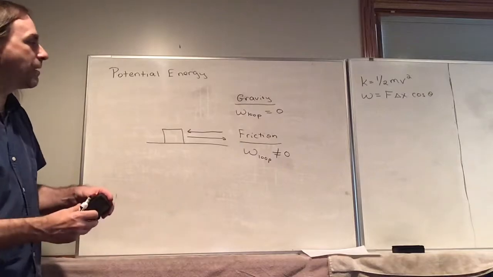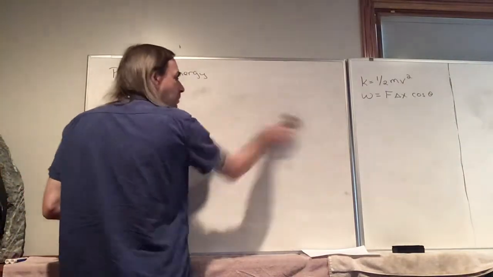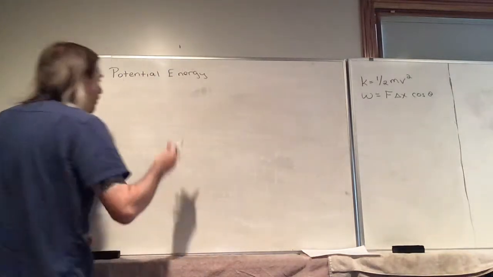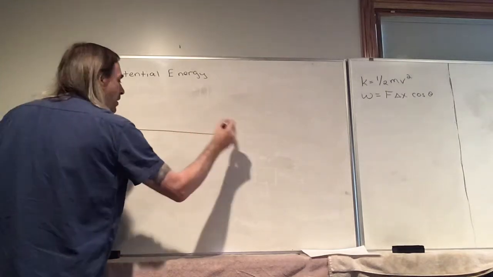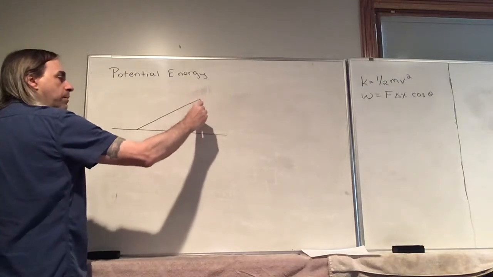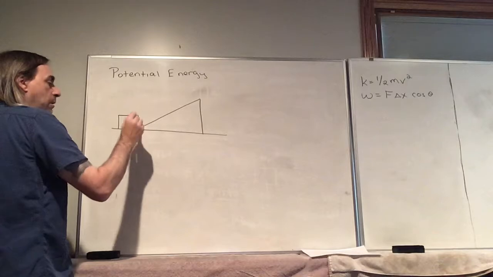I want to look at another example with gravity, just to reinforce this idea. We're going to calculate the work done by gravity along a different loop, where we have our mass that starts on the ground.